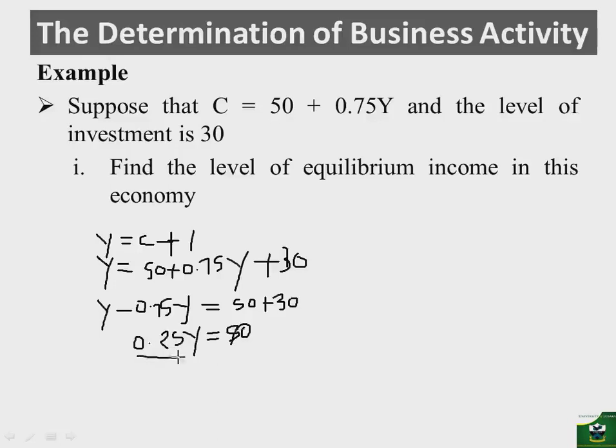And then if we divide through by 0.25 to get our y, then it means our equilibrium income, which we can denote as y star, will be equal to 320.